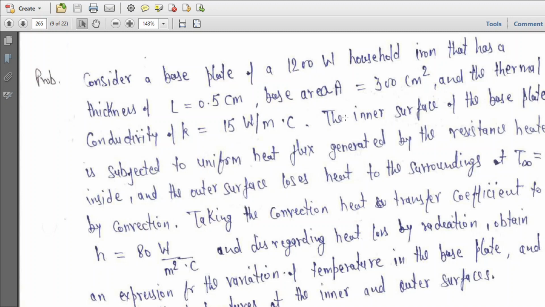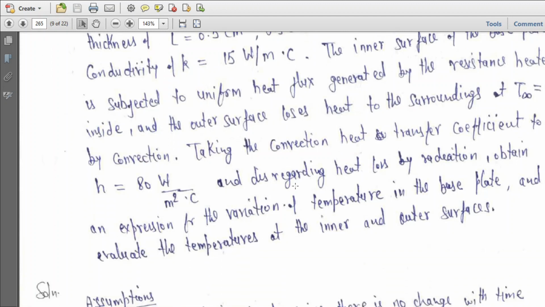The inner surface of the base plate is subjected to uniform heat flux generated by resistance heaters inside, and the outside surface loses heat to the surroundings at T infinity equal to 20 degrees Celsius by convection. Taking the convection heat transfer coefficient to be 80 watt per meter square per degree Celsius and disregarding heat loss by radiation, obtain an expression for variation of temperature in the base plate and evaluate the temperatures at the inner and outer surfaces.